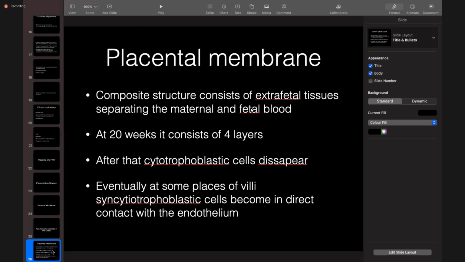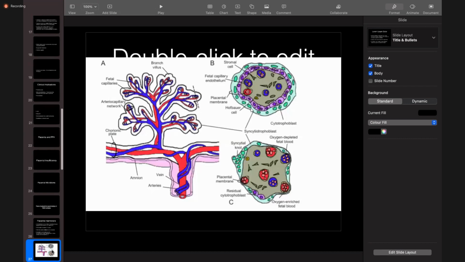Okay, and there is a component in the placenta, a composite structure. Extra fetal tissues and maternal tissues form a membrane called the placental membrane. This is the placental membrane, vessels, amnion, and chorionic plate. This is after 20 weeks. It has a little bit of syncytial knots as well as blood vessels involved.